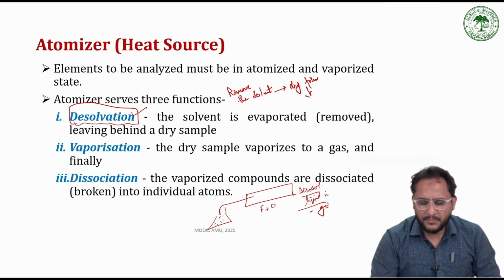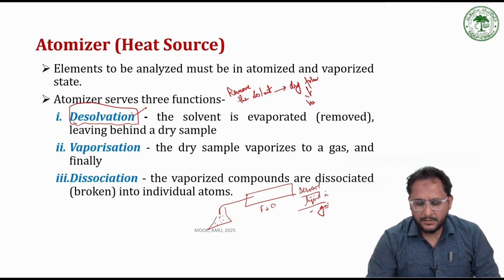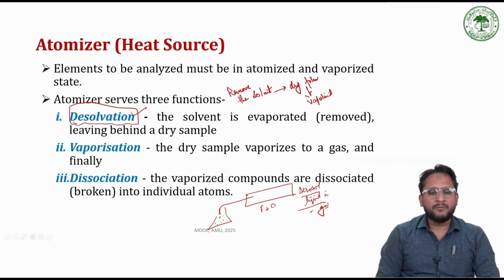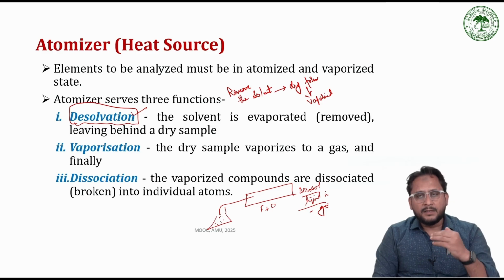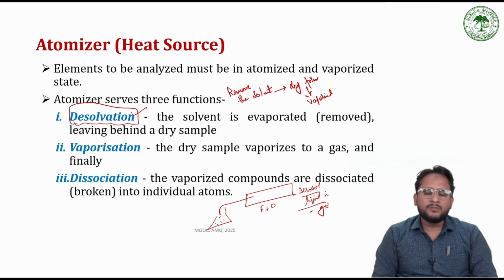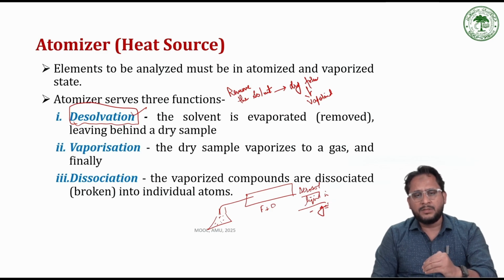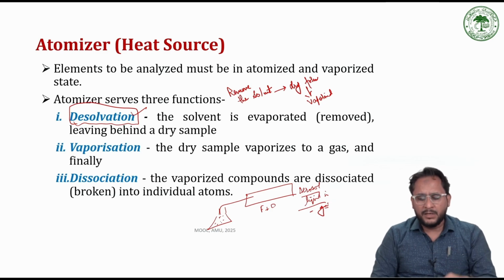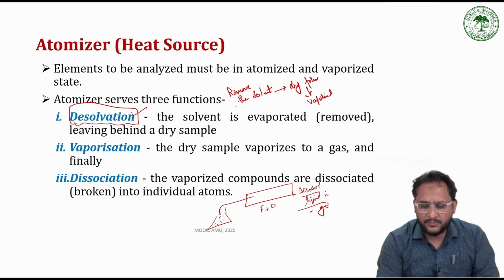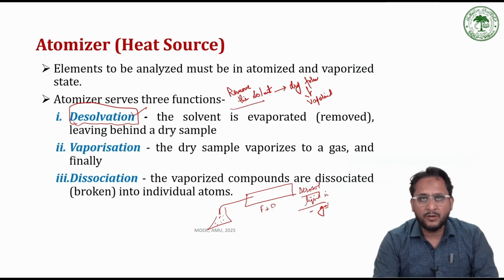Then this dry sample is vaporized because we need it in vapor form. It gets converted into gaseous molecules, and then those gaseous molecules are broken down into individual atoms. So first we have desolvation, meaning the removal of solvent.